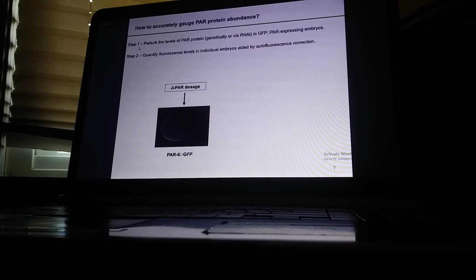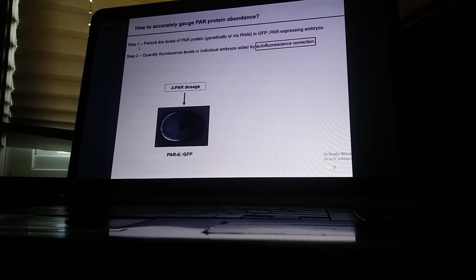We then use confocal microscopy to quantify fluorescence levels in individual embryos. This is aided by a strategy where we can correct for and discard the inherent autofluorescence that we observe.